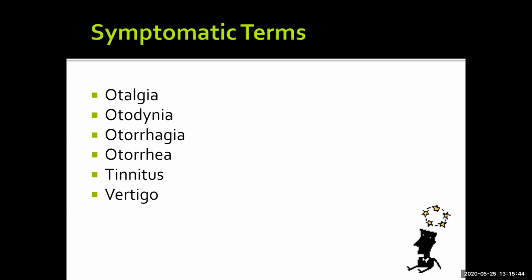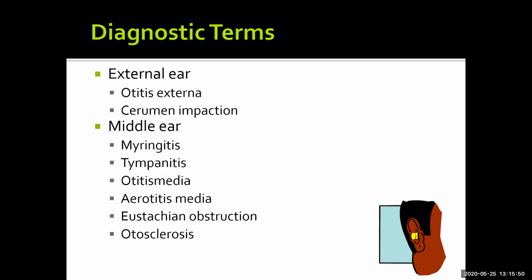Tinnitus is a ringing or buzzing in the ear. And vertigo is a dizziness, or referred to as a turning around. Some diagnostic or anatomic parts. When we look at otitis externa, that refers to inflammation of the external acoustic meatus.